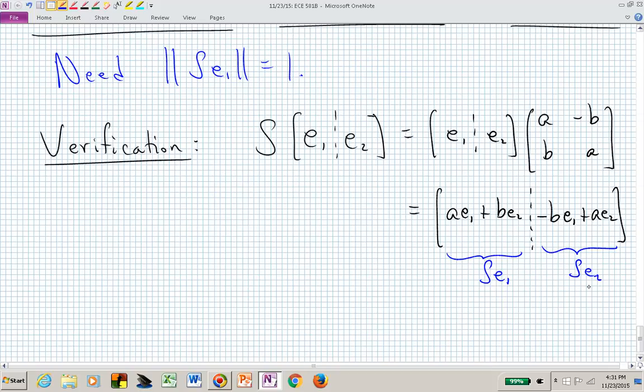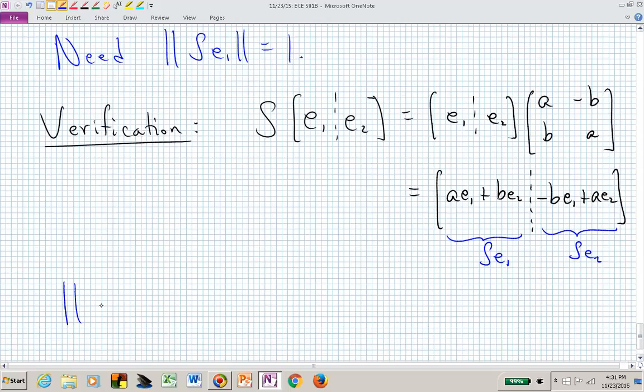If we just look at what happens on the left, that's equal to what's on the right. Now, what happens when we look at the norm squared of SE1? We said SE1 has to be AE1 plus BE2, and so let's just look at its norm squared.